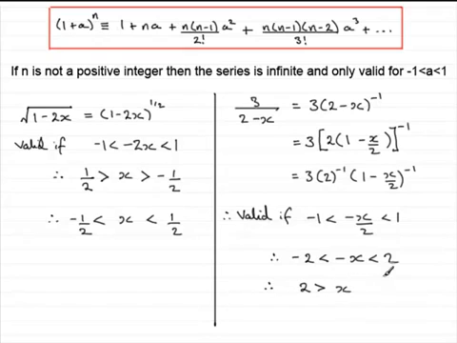We get 2 greater than x, greater than minus 2. Put the smaller of these two values on the left hand side, so we swap it around and have minus 2 is less than x is less than 2. In other words, x must lie between minus 2 and 2 for this binomial expansion to be valid.